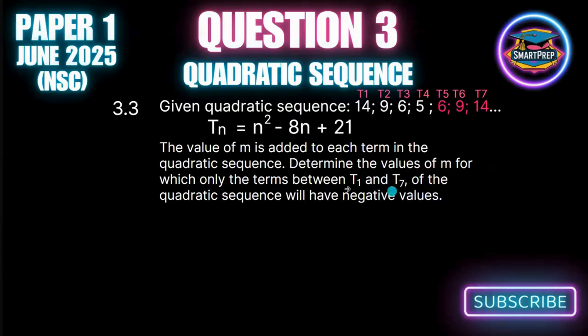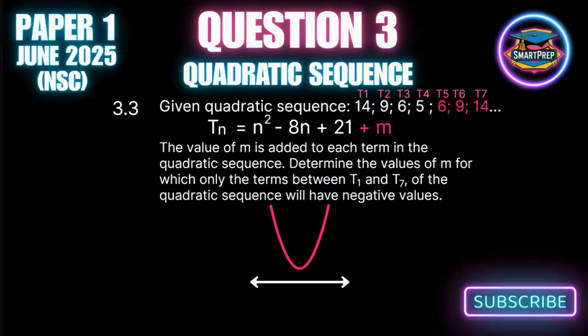So we want to find the values of the quadratic sequence between t1 and t7, in other words, from t2 to t6. Okay, so we're adding m to each of them. Now, if you add a number to these, they're going to get bigger, so actually m is going to be negative.